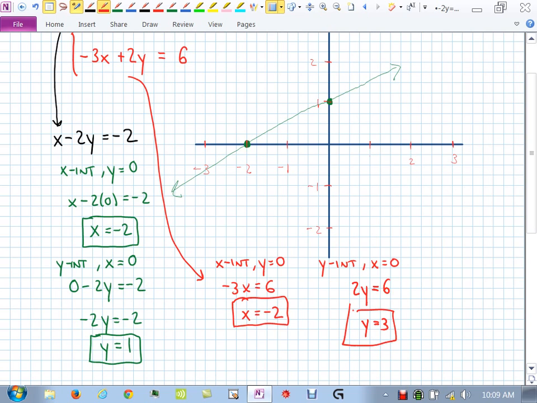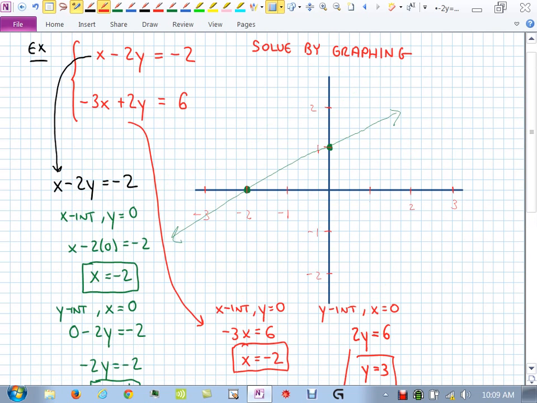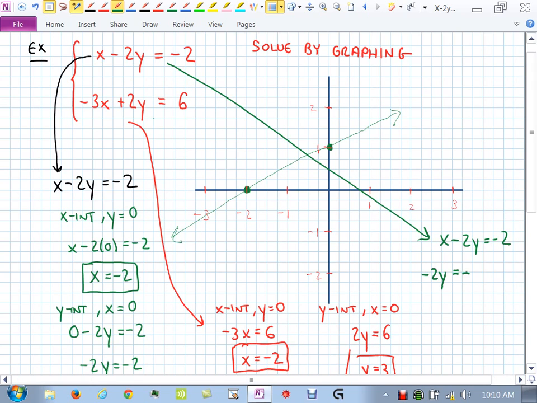Questions? Comments? Concerns? Just because it was very, I don't want to say easy, but did you notice that when we plugged in y is 0 and x is 0, we just had nice clean answers? Let me show you what would have happened. Let's say on this first one, I'll just do it over here and I'll erase this. If I had taken x minus 2y equals -2 and solved it for y, I would have moved the x over first, which would have made it a -x on the right.